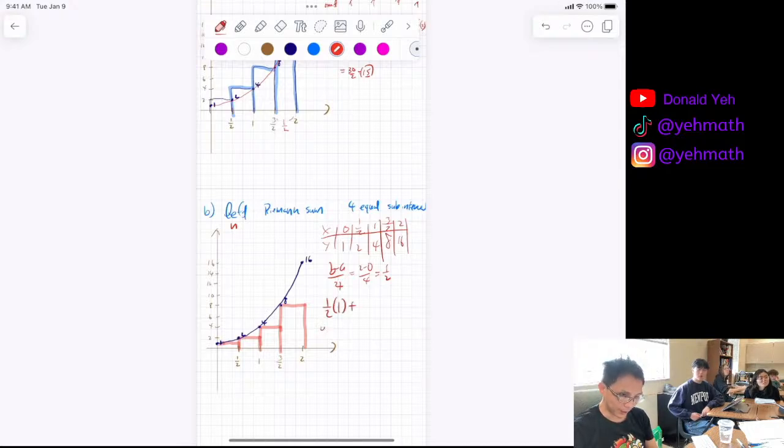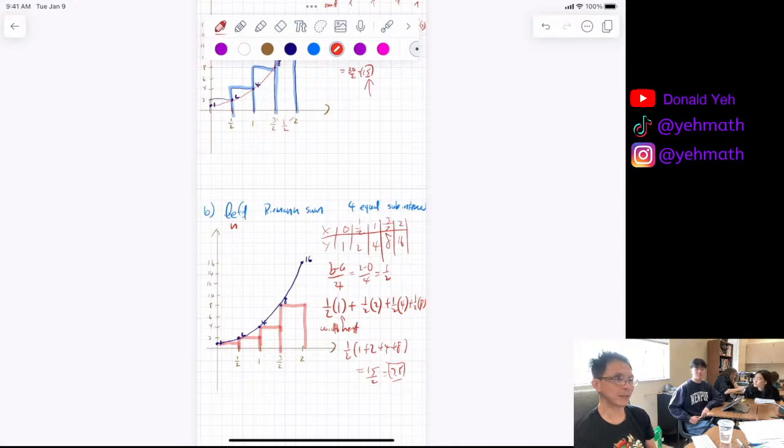And that's a width, right? This is the width, this is the height. So it'll be 1/2 times (1 plus 2 plus 4 plus 8). That's equal to 15 over 2, which is 7.5. Guess what? This one is way under, and the last one is way over.